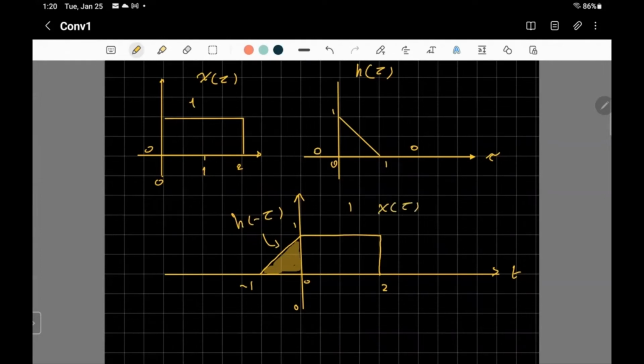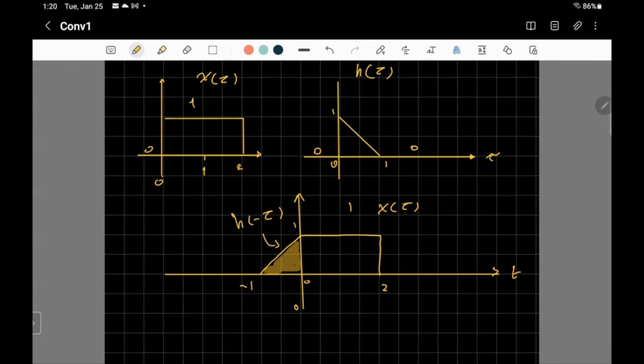Now I want to add t to negative tau for h. We said that when you add t, a positive number, it means you are moving the whole thing towards the right, right? What's happening now?